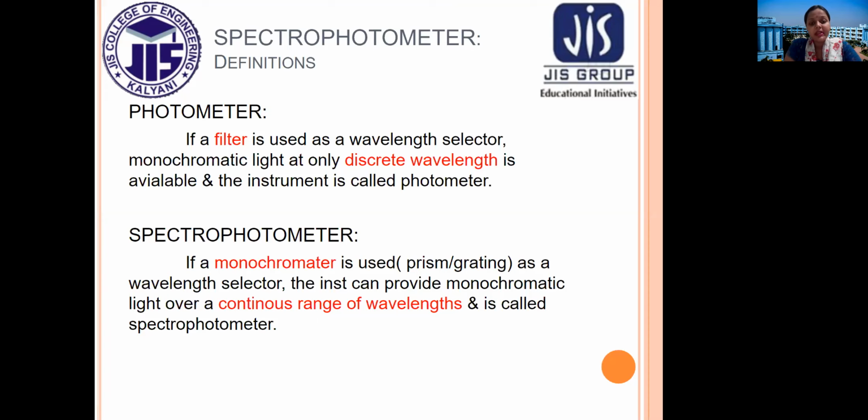If a monochromator is used, it may be a prism or a grating as a wavelength selector. The instrument can provide monochromatic light over a continuous range of wavelengths and is called a spectrophotometer. So these are the two definitions that you have to remember: one is photometer, another is spectrophotometer.